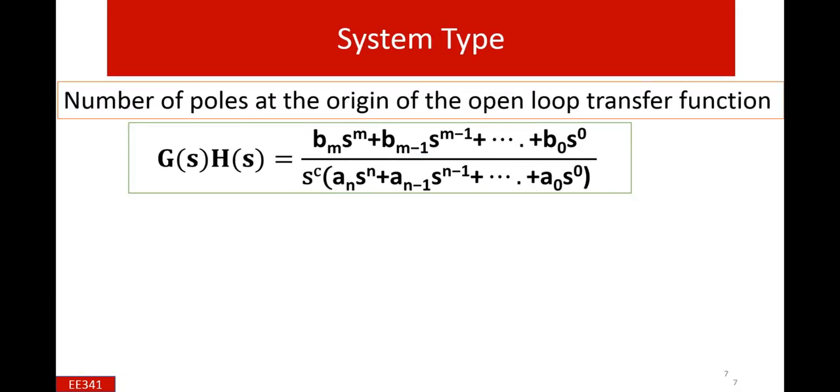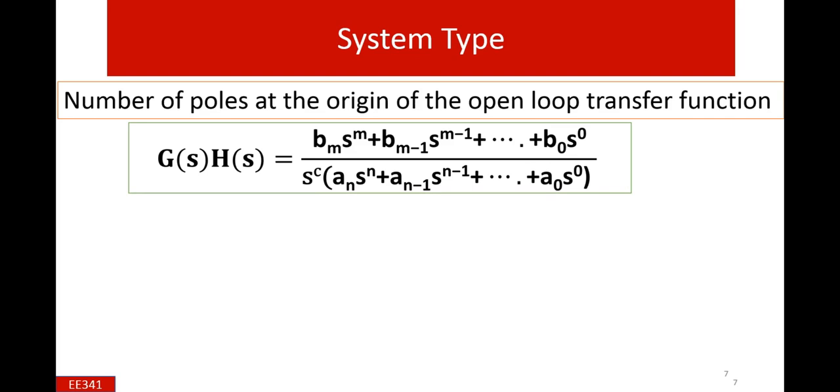To understand the system type, we take the open loop transfer function G(s) times H(s). Currently we are taking unity feedback, in which H(s) is equal to 1. Later we will consider H(s) not equal to 1, which will definitely be non-unity feedback. How to handle non-unity feedback we will see later.